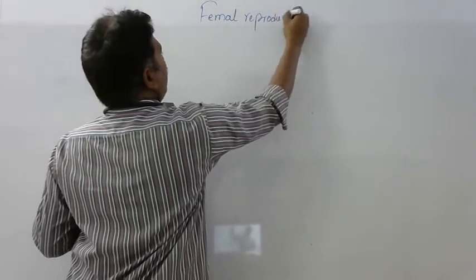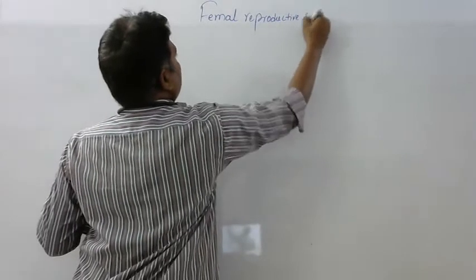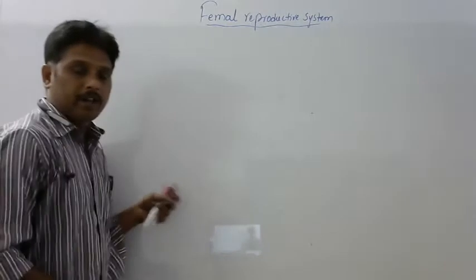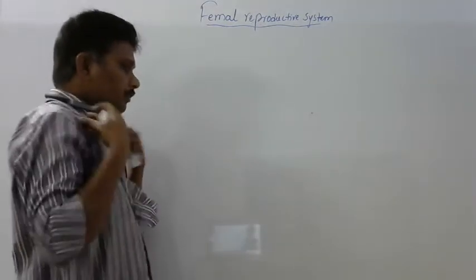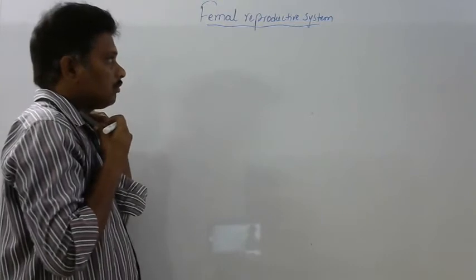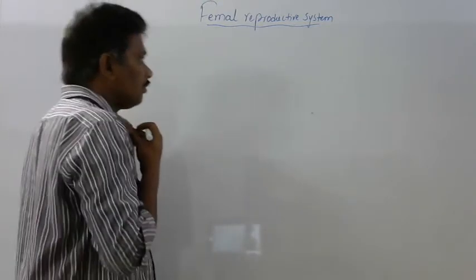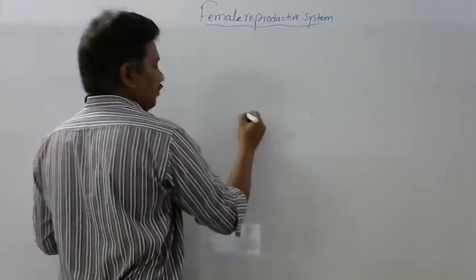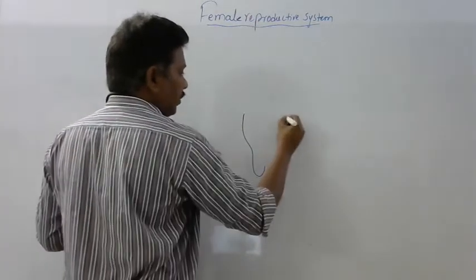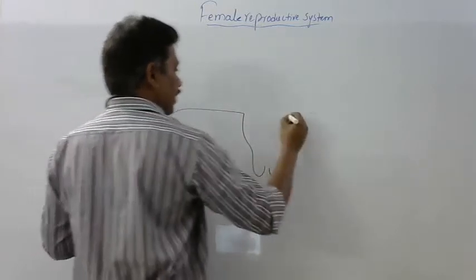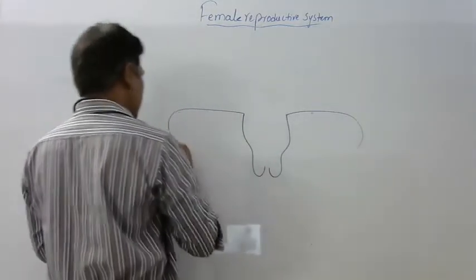Female reproductive system. We know the parts of the female reproductive system: one muscular uterus, two oviducts and two ovaries are present.